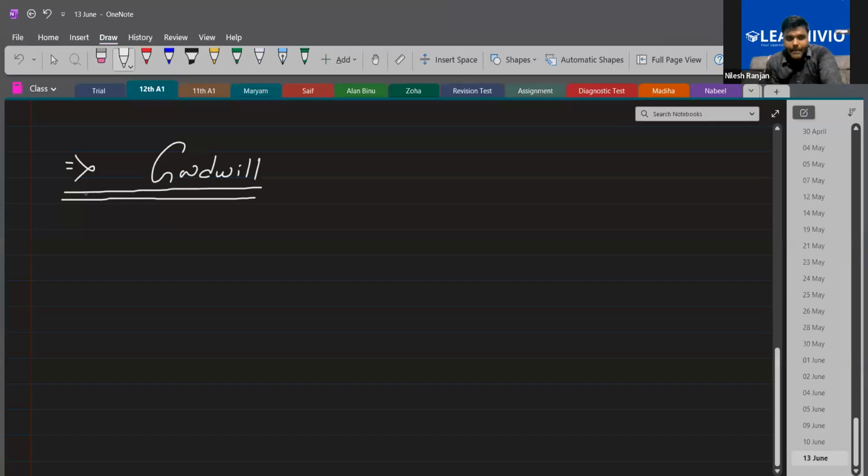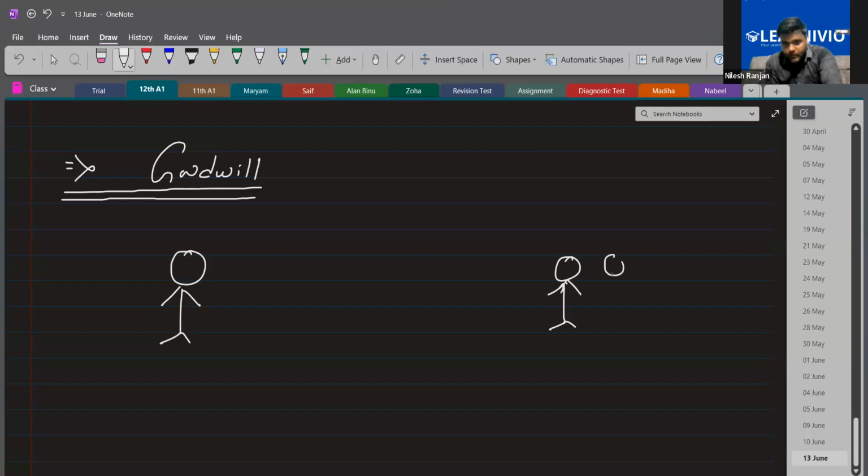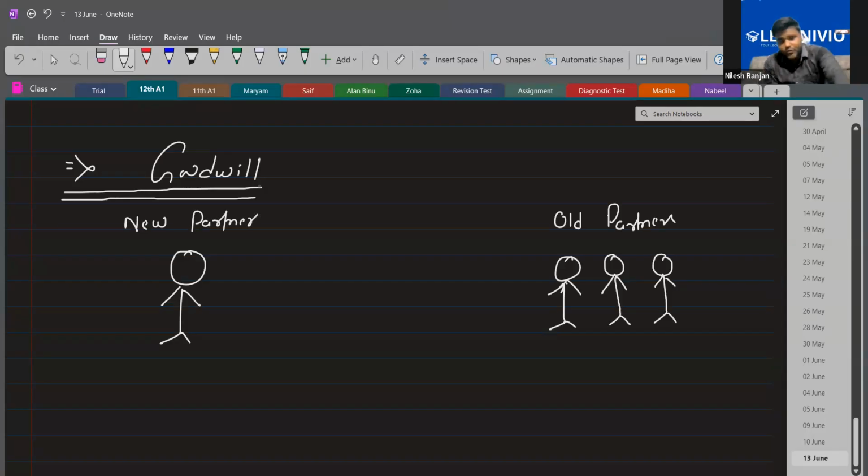Let me show you the example. Let's say this is the new partner and these are the old partners. If you remember the concept, the new partner brings two things at the time of admission.